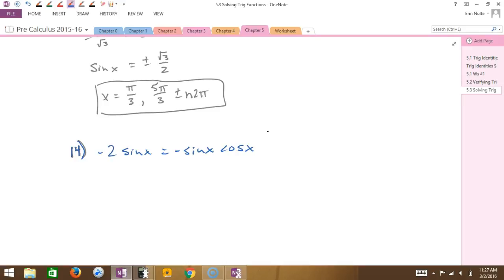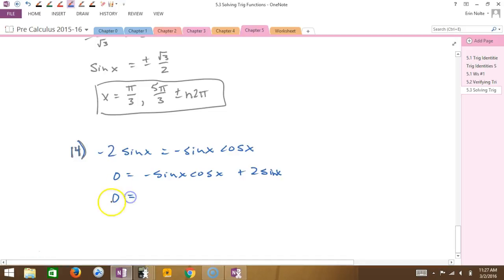Okay, so I either want to pull everything to the right-hand side or pull everything to the left, but I have to add, either way. So you said add 2 sines. That's fine with me. So add 2 sines. Okay, so then what would you do? Good, very good. Factor out a sine.